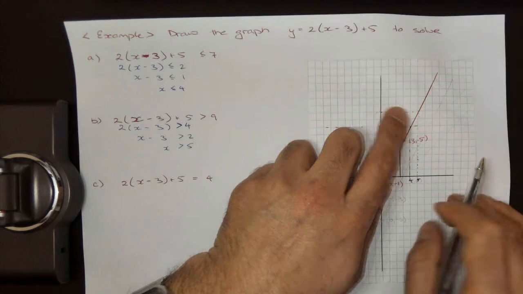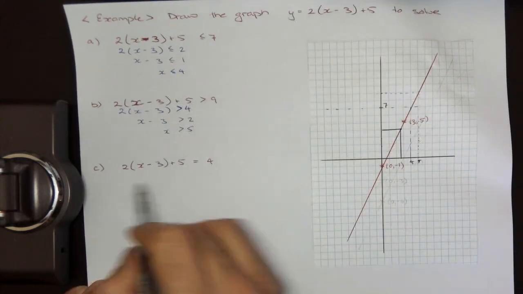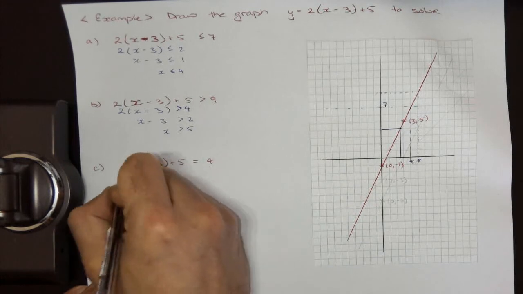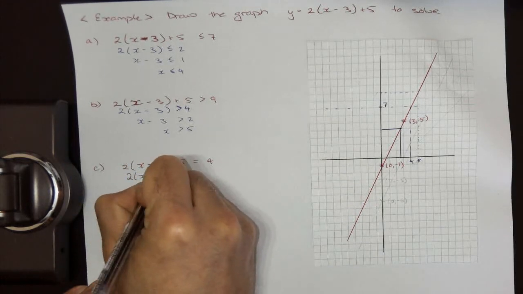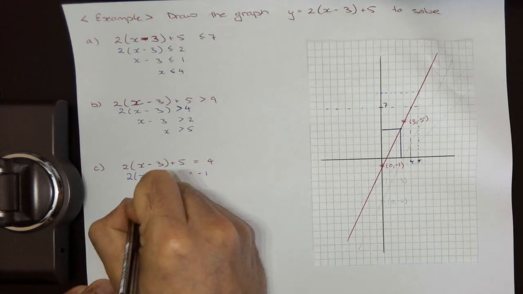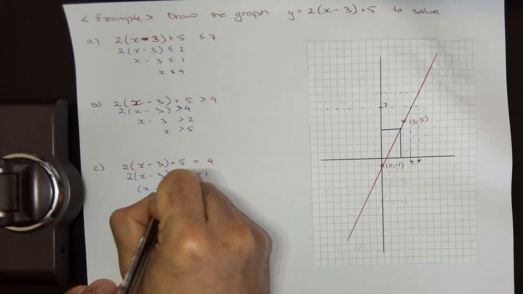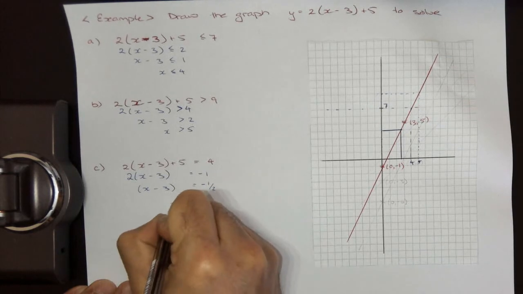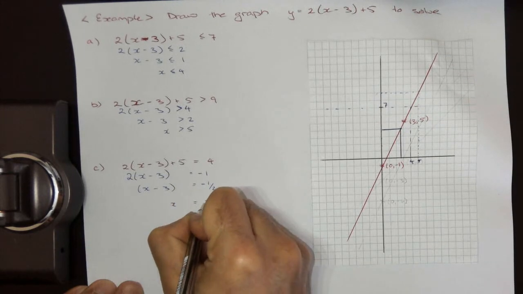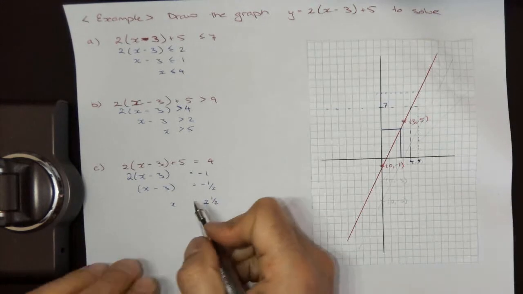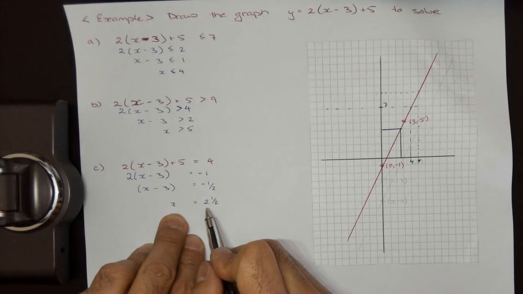When does the line equal 4? Algebraically, it will work out when x equals 2.5.